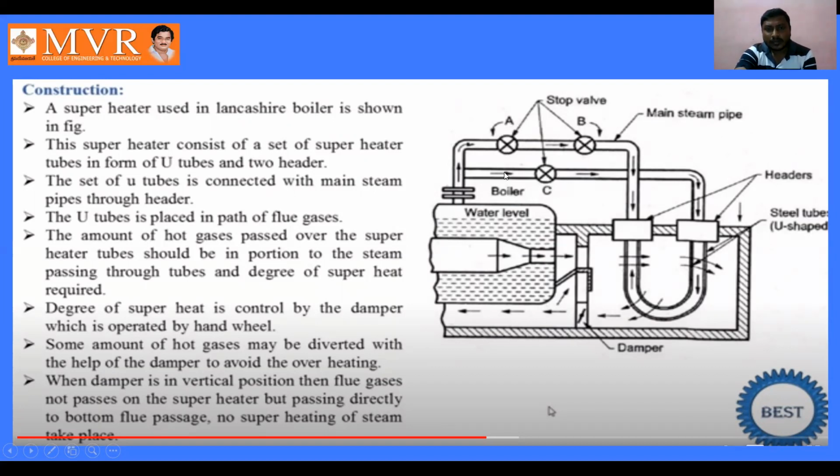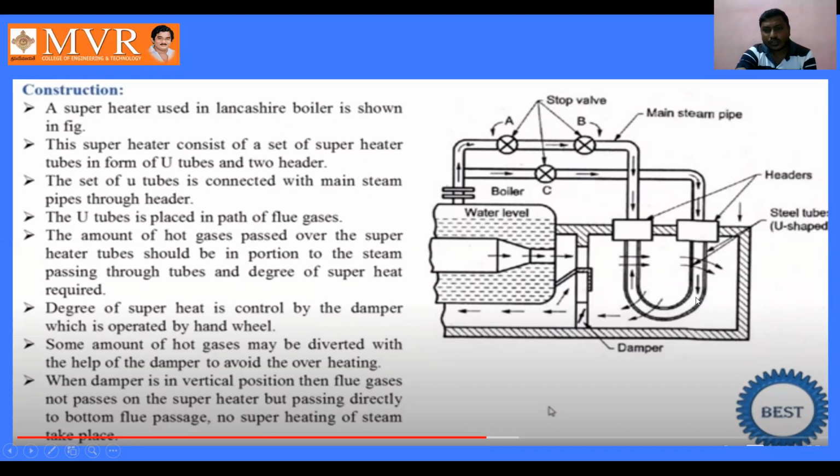From the boiler, the saturated steam enters through this valve C, and it enters into the U-tube shape. The U-tube pipe is nothing but the superheater. Here, these are the two headers.